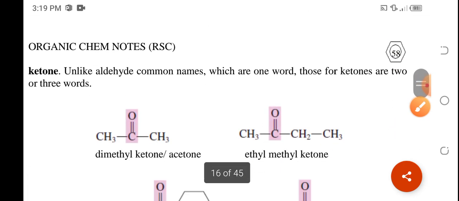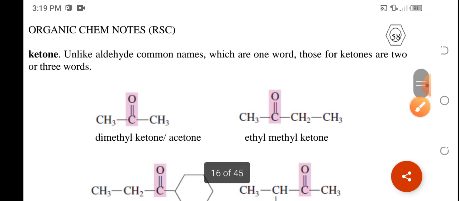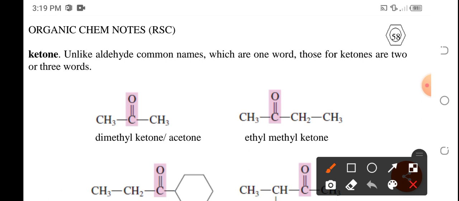How is this done? If we have this structure, it is a ketone because the carbonyl group has been sandwiched between two alkyl groups, or two other carbon atoms. In naming, we just name the alkyl groups attached to the carbonyl group, and the identity of these alkyl groups is methyl. Since they are both methyl, we use the prefix di.